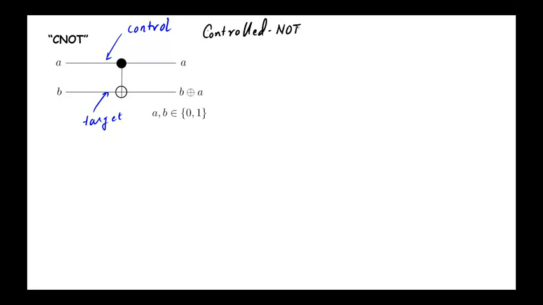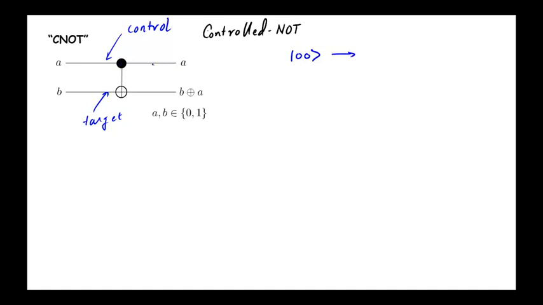Now remember the rule: to describe what the CNOT gate is, it's sufficient to describe what it does on inputs 0,0, 0,1, 1,0, 1,1. So let's see. How does the CNOT gate map 0,0?